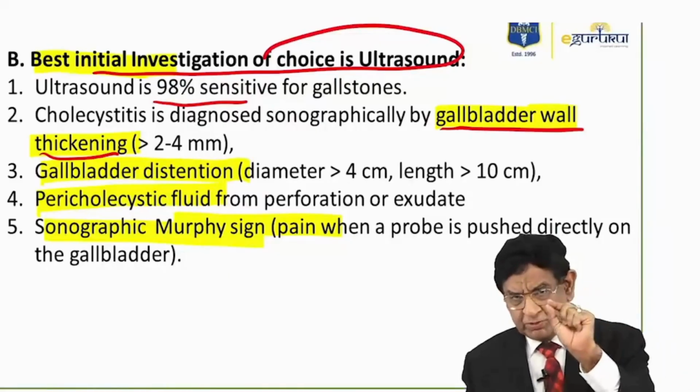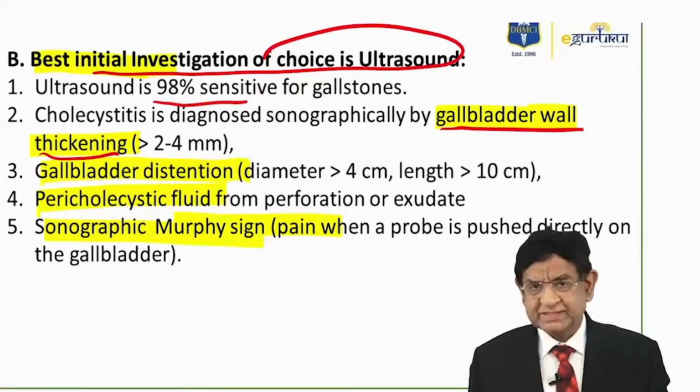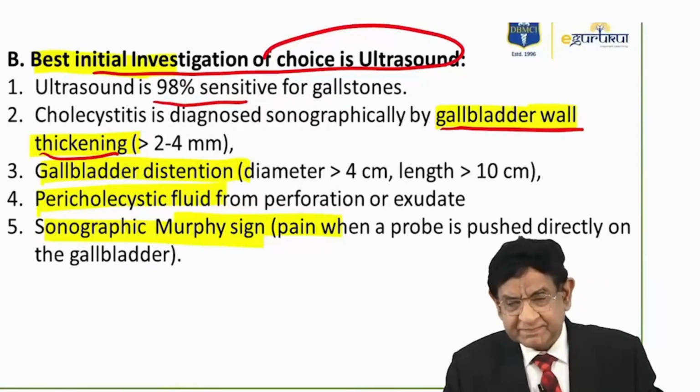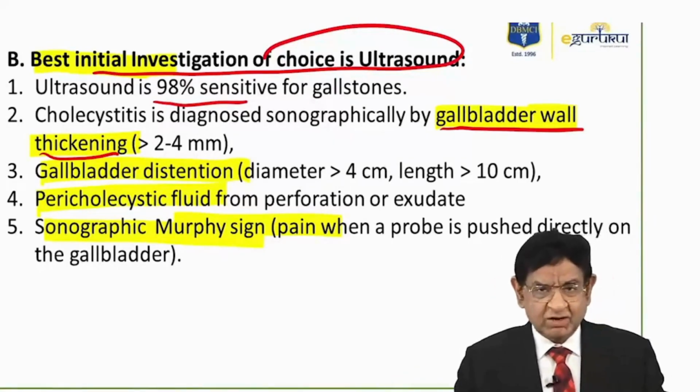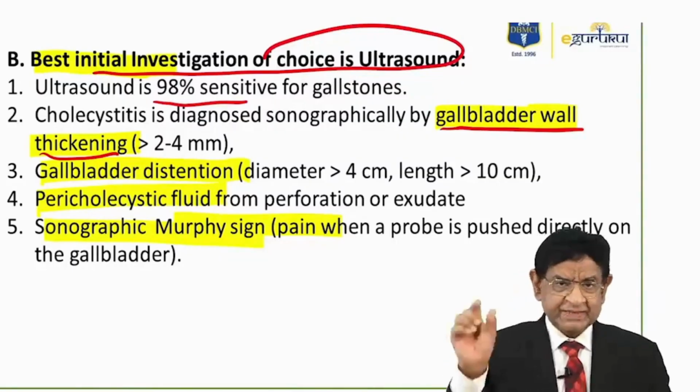The point to be noted is that even Murphy's sign you can elicit by the probe also, and you can see the gallstone or cholecystitis findings by thickening.